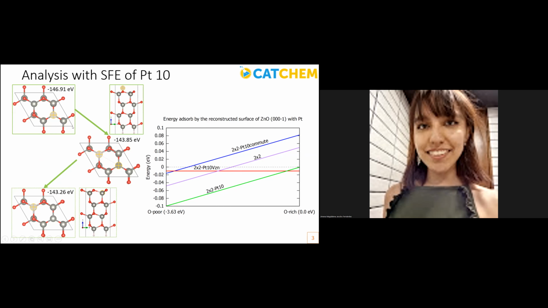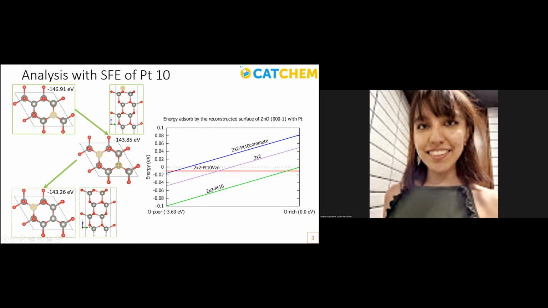We try to simulate as much as we can the experimental situation. For this, we took the platinum atom and exchanged it with a zinc atom to obtain a different surface.